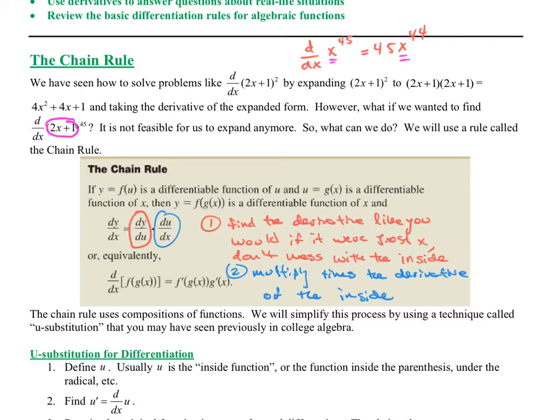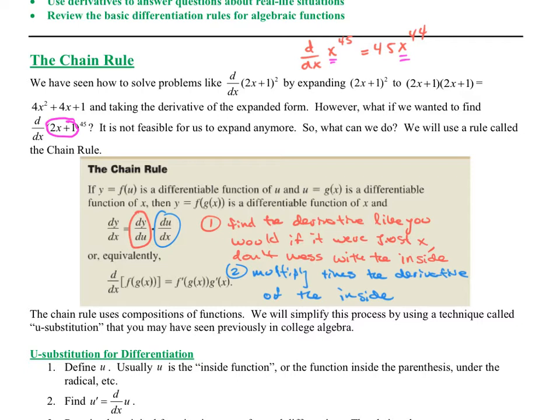So dy/du is finding the derivative of the original function just like it was x. So we had (2x + 1) raised to the 45th. You would treat it just like it's x to the 45th, which would be 45x to the 44th. You treat it just like it's x, but you don't mess with the inside. But then the new part is that you have to multiply it times the derivative of the inside.